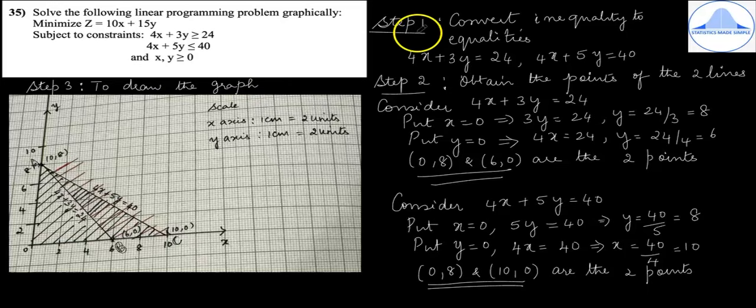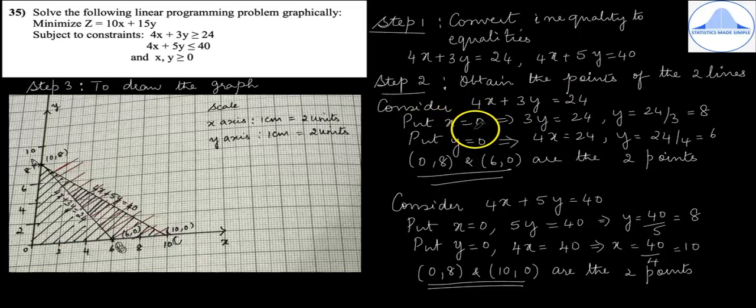So the first step is to convert inequalities to equalities. So the first equation will be 4x plus 3y equal to 24 and 4x plus 5y is equal to 40. Step 2 is we have to obtain the points of the two lines. So we'll consider the first equation 4x plus 3y equal to 24.